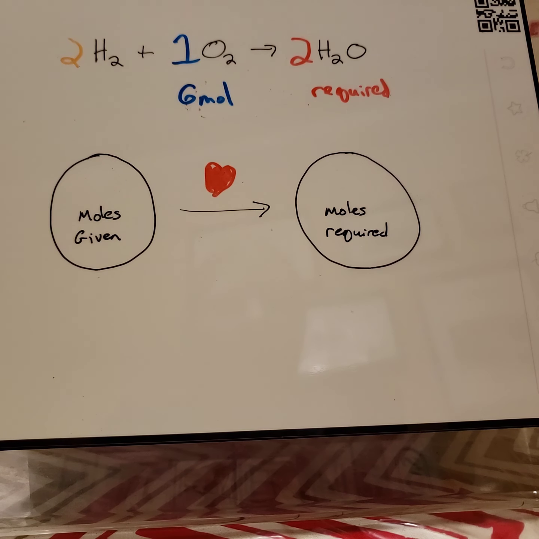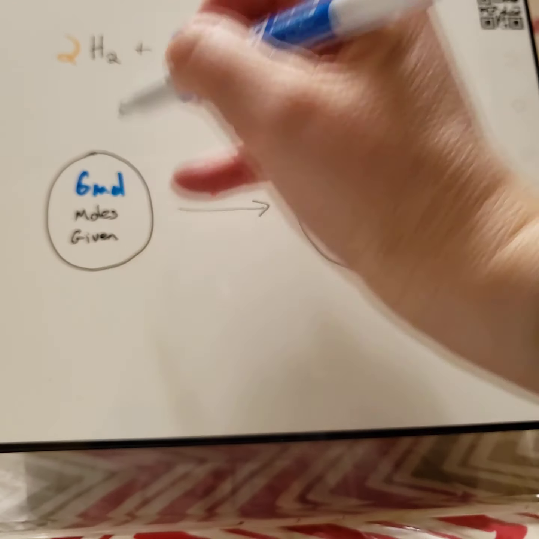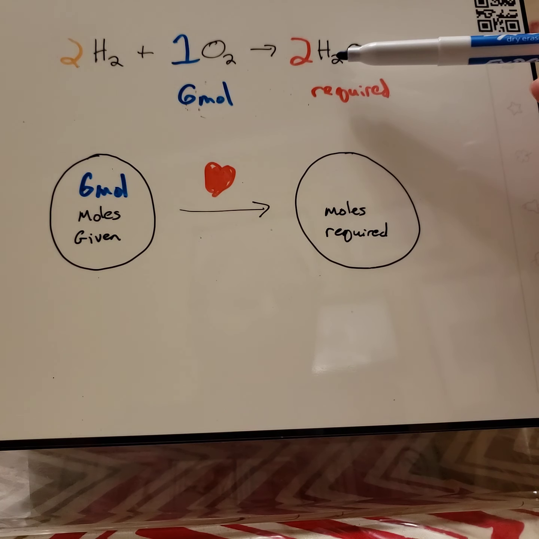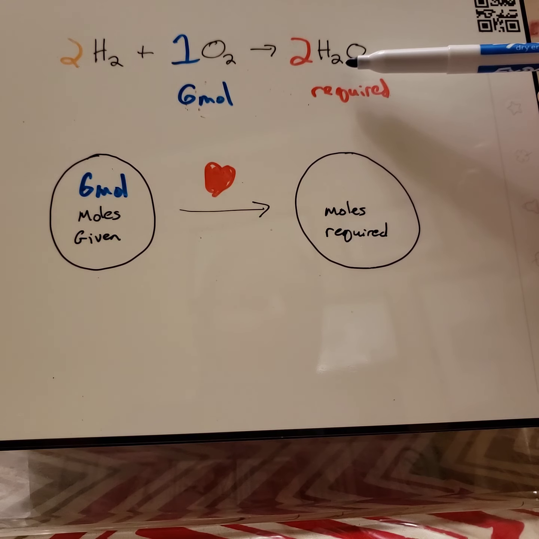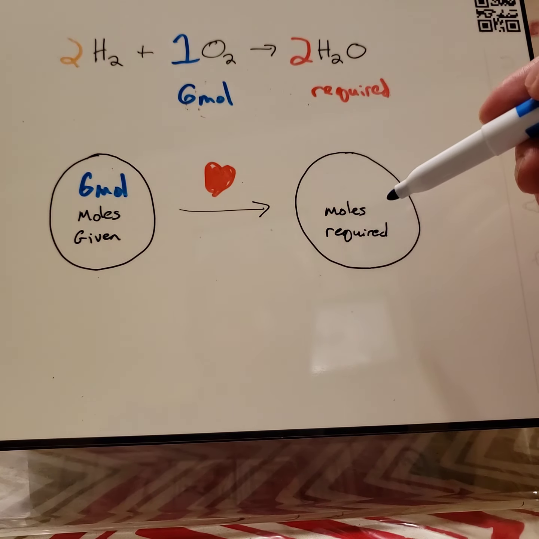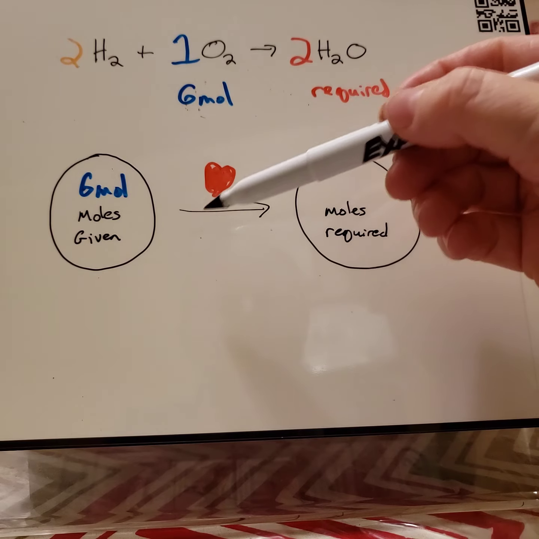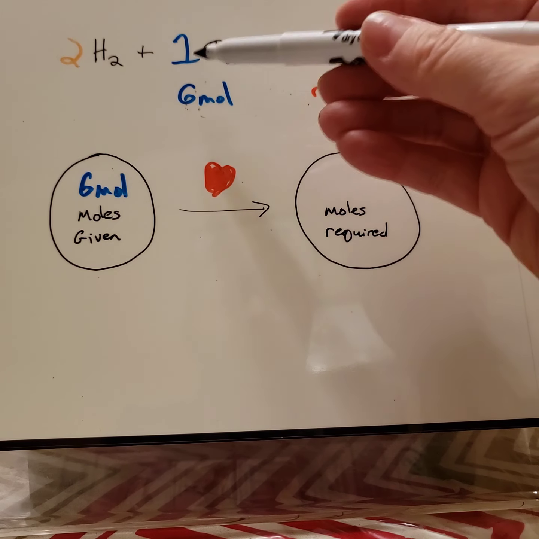So our moles of given is 6 moles. How do we figure out then how many moles of water we're going to make when they're not the same? All right, as we go through the heart, we go through this conversion, we need to be using our molar ratio. All right, so we're going to look up here, and we're going to say we've got a 2-to-1 ratio.